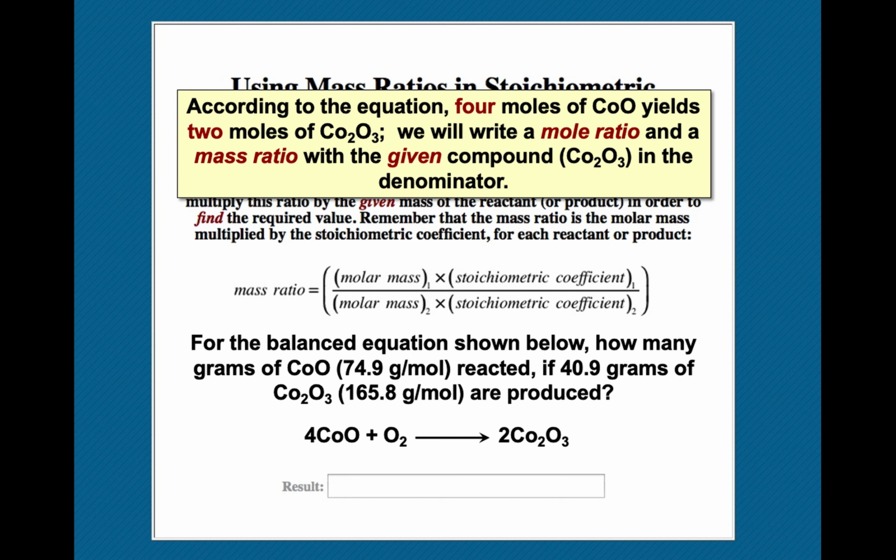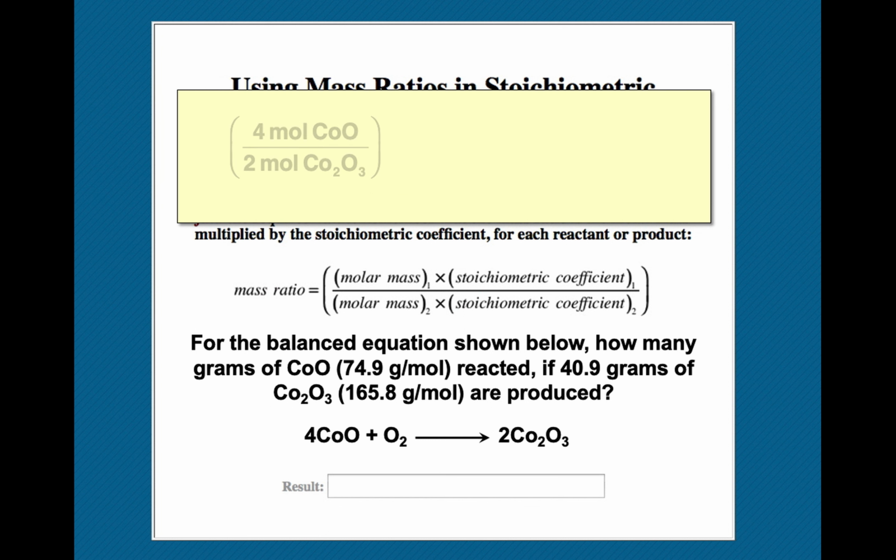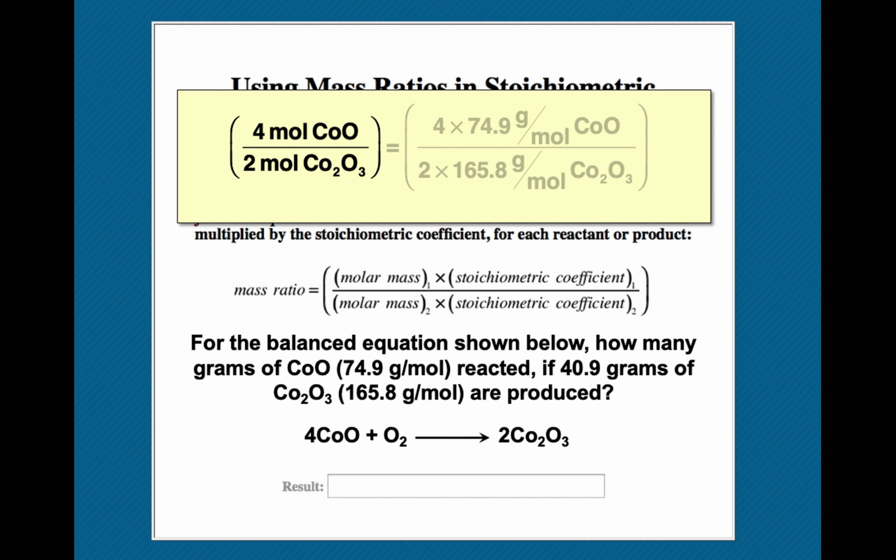So our mole ratio is going to be something like this: 4 moles of cobalt-2, 2 moles of cobalt-3. Now we're going to multiply those by their molar masses: 4 times 75, 2 times 166. This is our mass ratio.